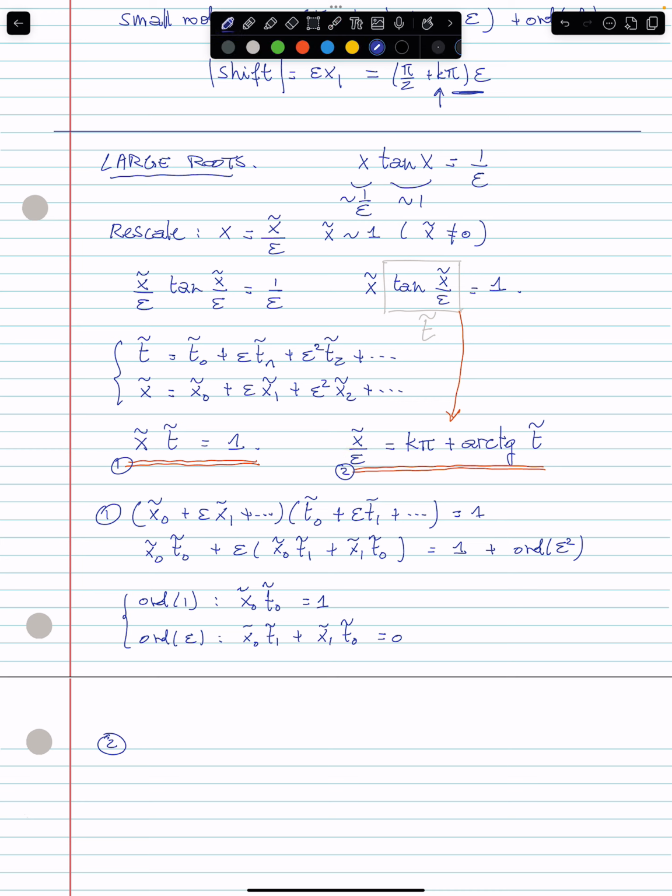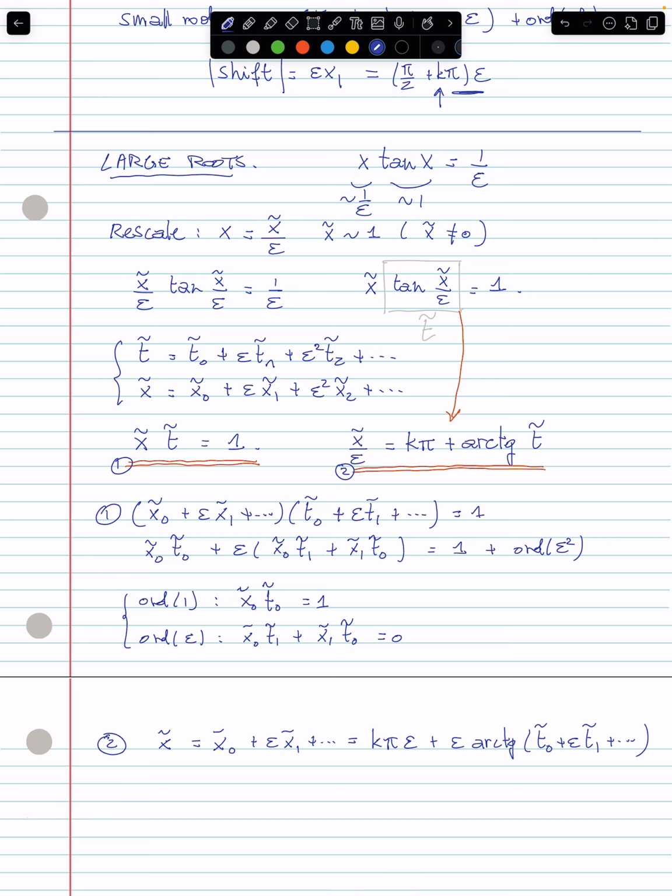So let me just multiply this by epsilon, and we have x tilde on the left, which is x0 plus epsilon x1, etc., is equal to k pi epsilon plus epsilon times the arc tangent of t tilde. All right, like this.